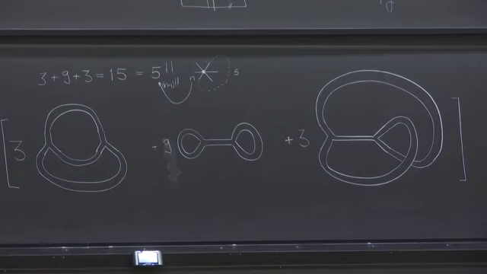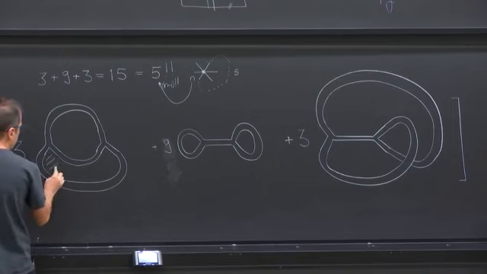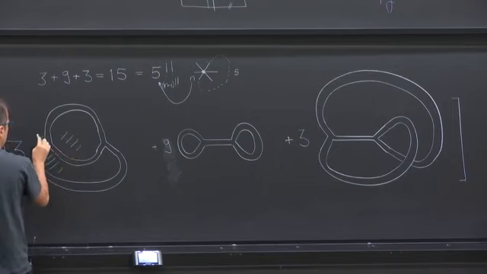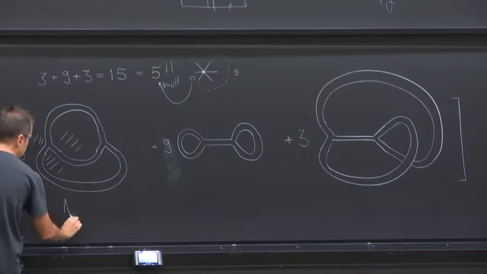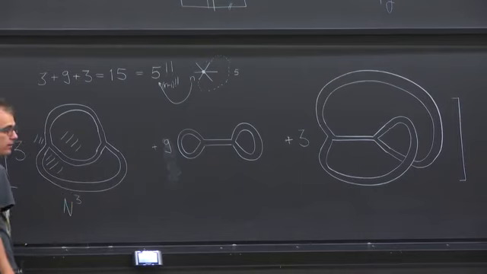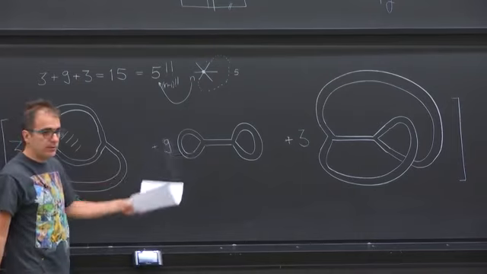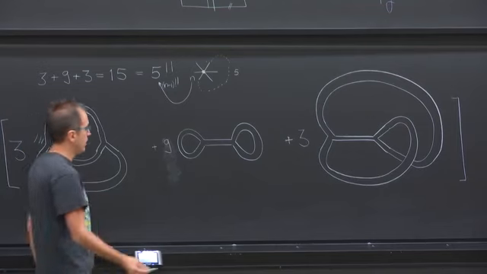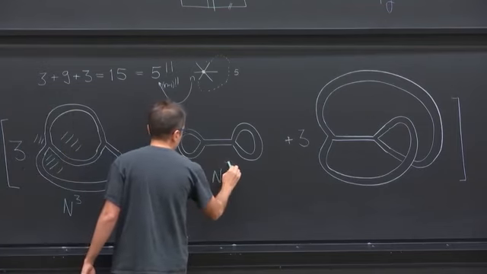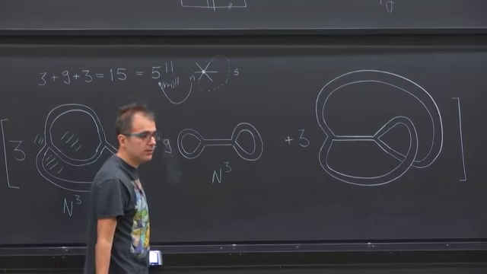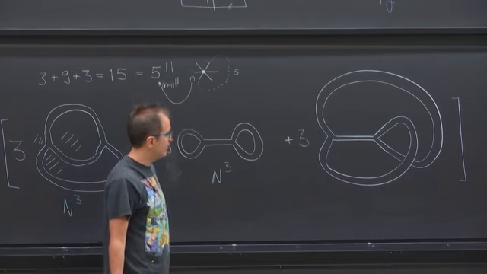Okay, and now let's see what this gives us from loops. How many loops do we have? Here we have 1 loop here, 1 loop here, 1 loop outside. This diagram gives n cubed. What about this? n cubed again. n cubed as well. What about that? Follow the loop.